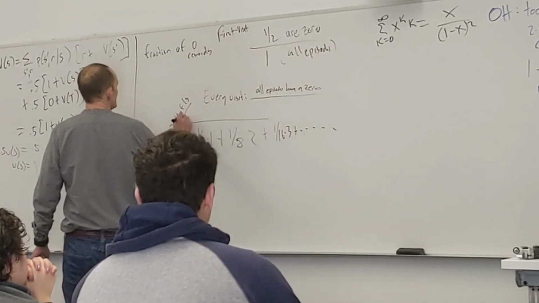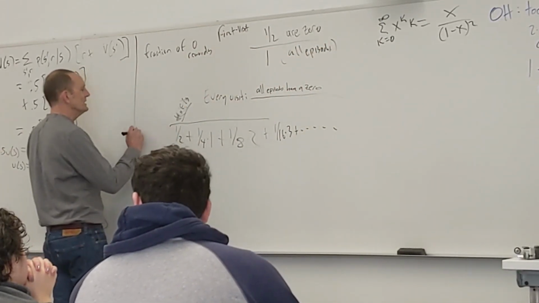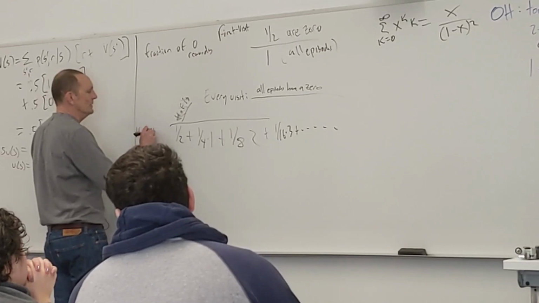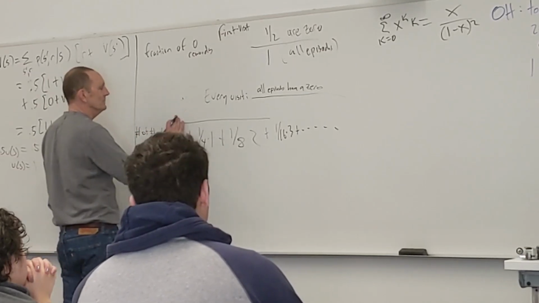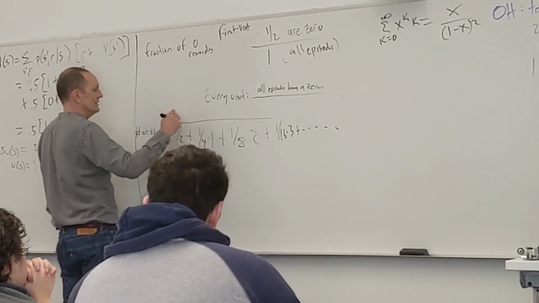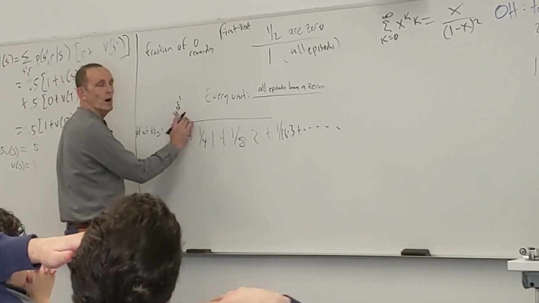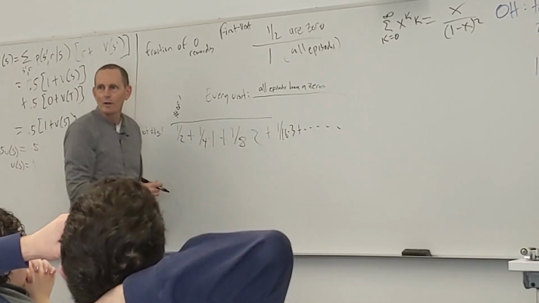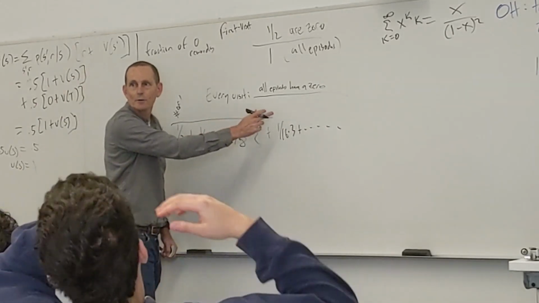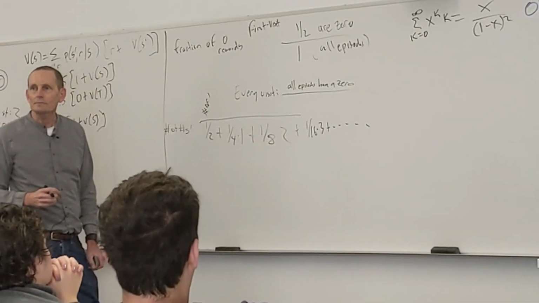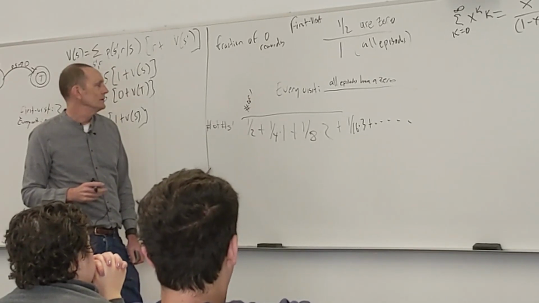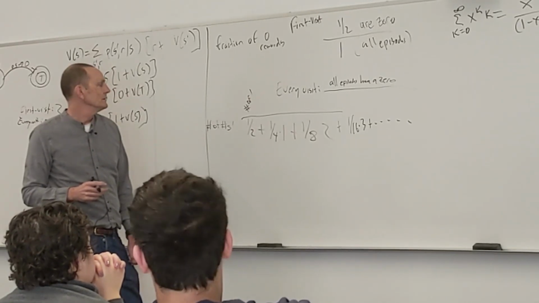Let's call this, well, so this is the number of numbers. And this column is the number of ones. So we want to make sure we get every one of the ones. So 0 ones, 1 one, 2 ones, 3 ones, and so on. So then should it be half times 1 plus a quarter times 2 plus an eighth times 3?